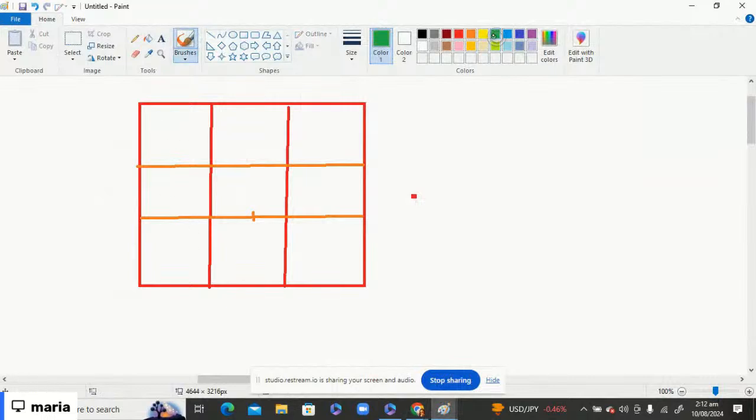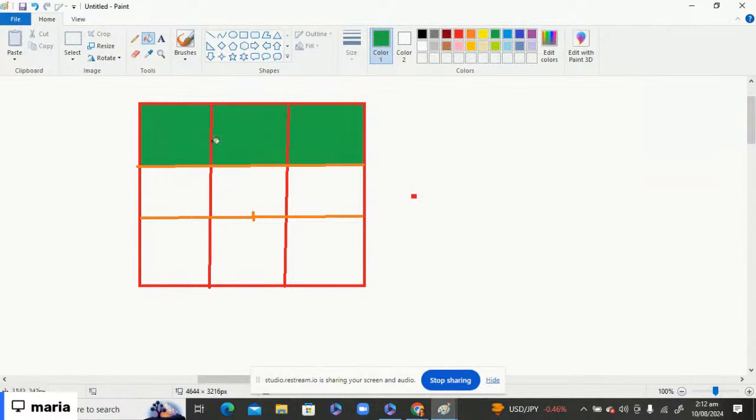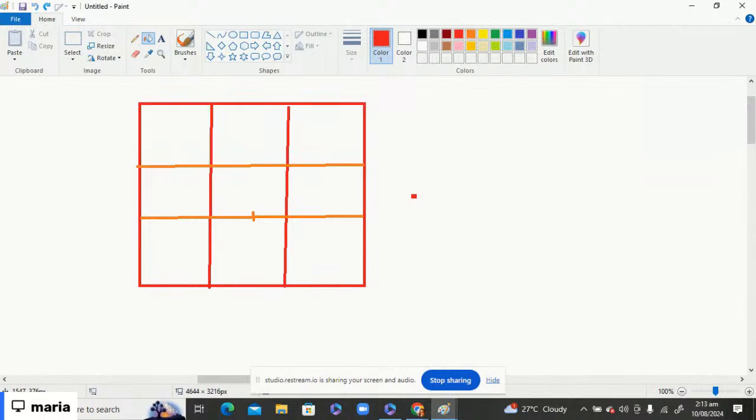When you see a row, this is one complete row. And this is one complete column, like this.